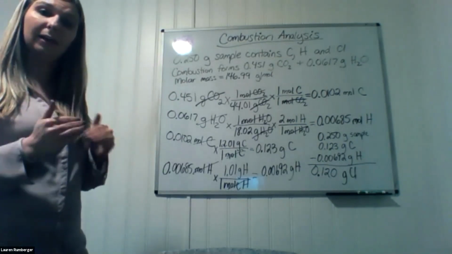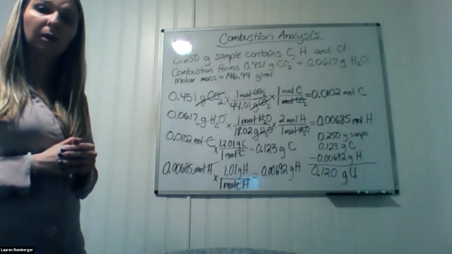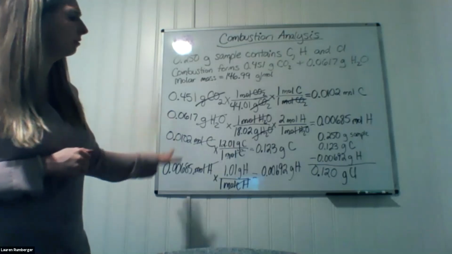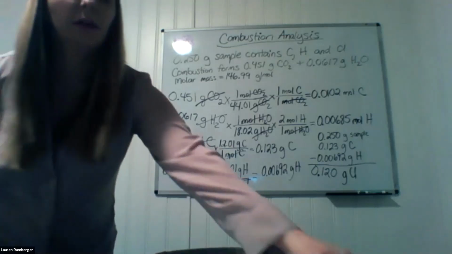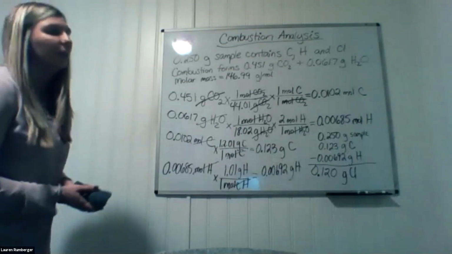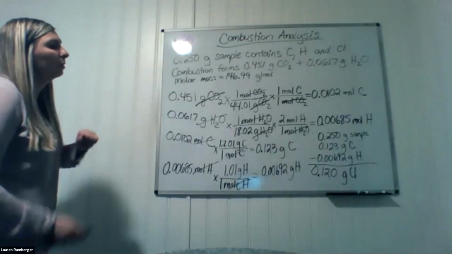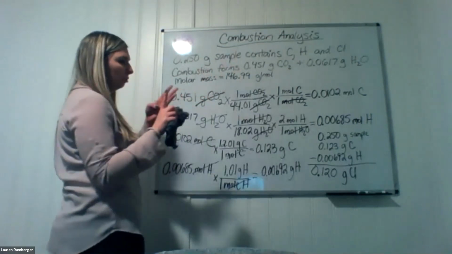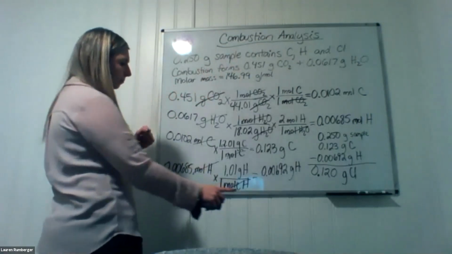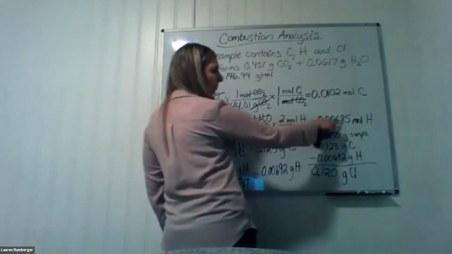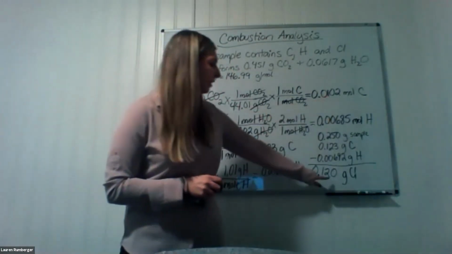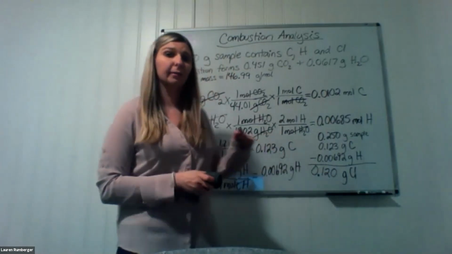So I hope that you've been able to write this down along with me. But of course, you have this here right now to look at. But I'm going to erase this for now. And now we're going to get started with the 3 masses, carbon, hydrogen, and chlorine. And we already have the moles here. So the first thing we need to do is find then the moles of chlorine.